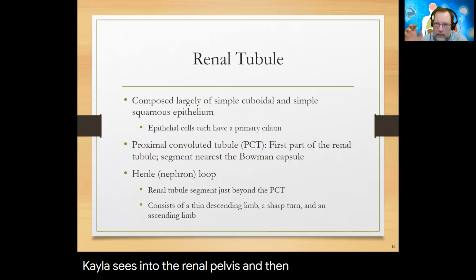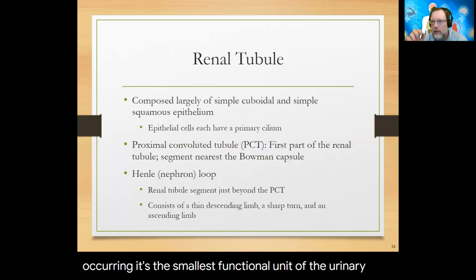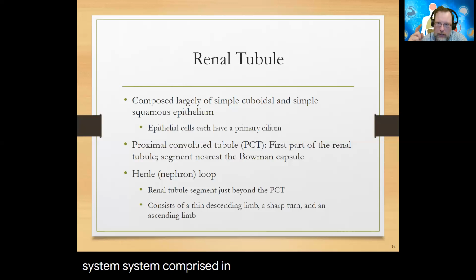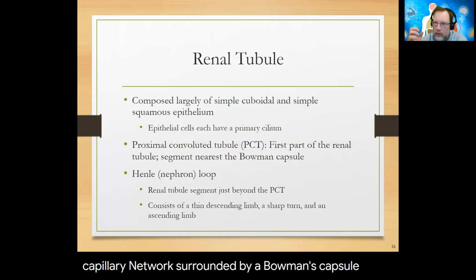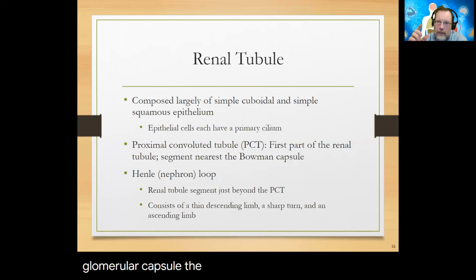And then deeper in, we get to the nephron. This is where the formation of urine is occurring. It's the smallest functional unit of the urinary system, comprised initially of that glomerulus or that capillary network surrounded by a Bowman's capsule or a glomerular capsule. The first step of urine formation occurs there, called filtration.